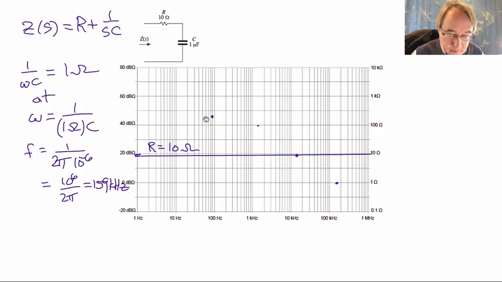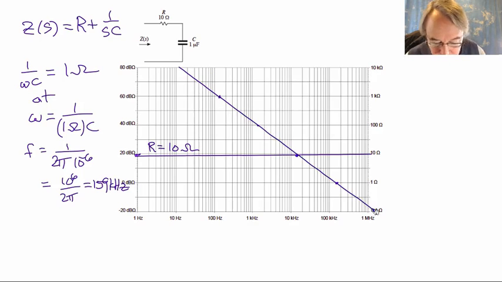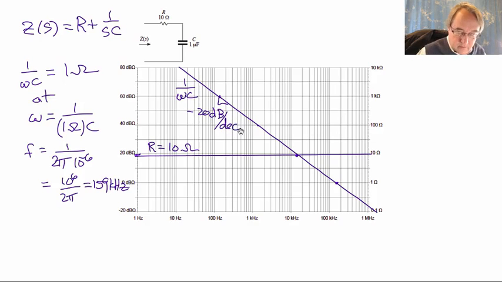So we'll go through these points, and I'll draw a line through those. So that's 1 over omega C with a slope of minus 20 dB per decade. So these are the asymptotes of the individual impedances.